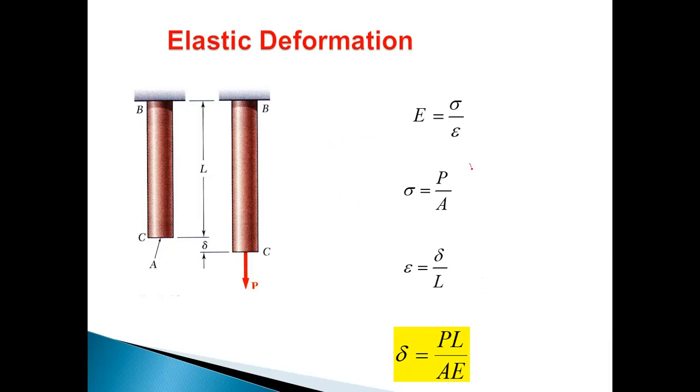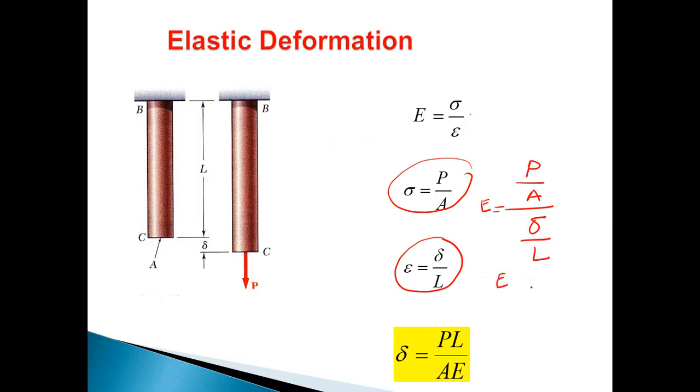So it will be P over A divided by change in length over original length, all equal to E. So E is equal to PL over A times deformation, or the elastic deformation will be equal to PL over AE. So this is the formula for elastic deformation, which is derived by using the modulus of elasticity.